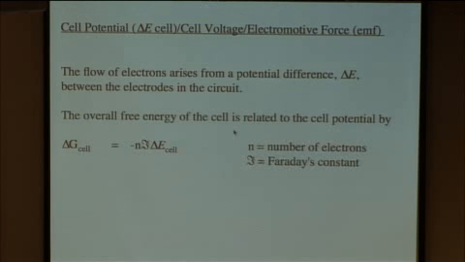And this can be related back to our friend delta G. So in this equation, you have this potential difference that's generated by the flow of the electrons, and that times Faraday's constant times the number of moles of electrons. And if you have a negative sign here, that's equal to the free energy of the cell. So we can relate that back.